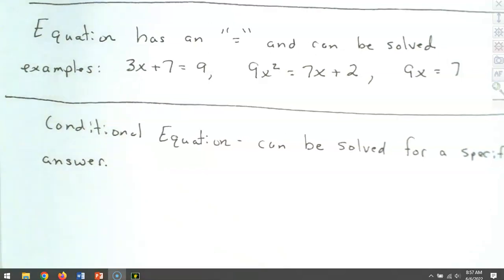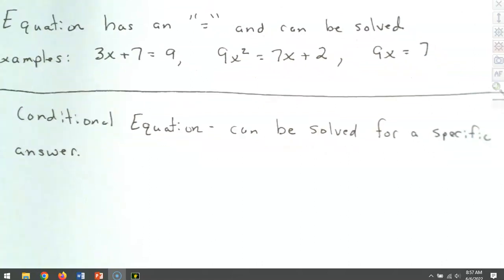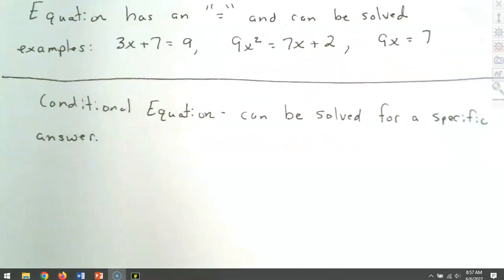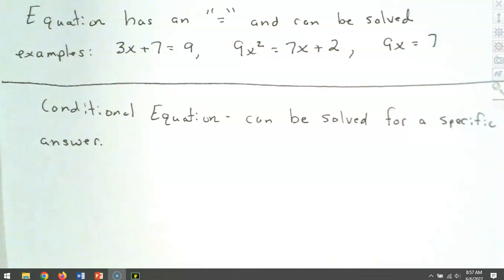So we're going to be able to solve it, and we're going to get usually a number. What you get on these is going to be a number. Now, you can have more than one answer, but you'll get an actual numbered answer.